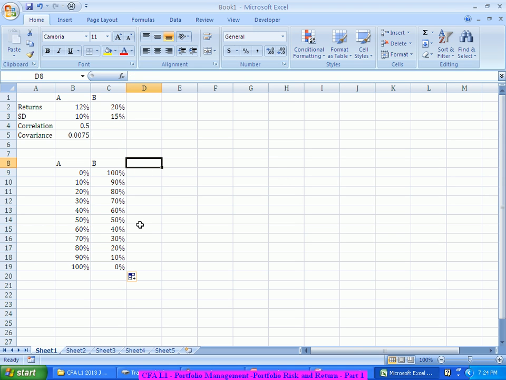Now based on that, I can calculate the return of the portfolio and the standard deviation of the portfolio. Both can be calculated. Let me do the variance of the portfolio using that formula, and the standard deviation of the portfolio, which is the square root of variance. So the return will go as W1 R1 plus W2 R2, a simple weighted average.